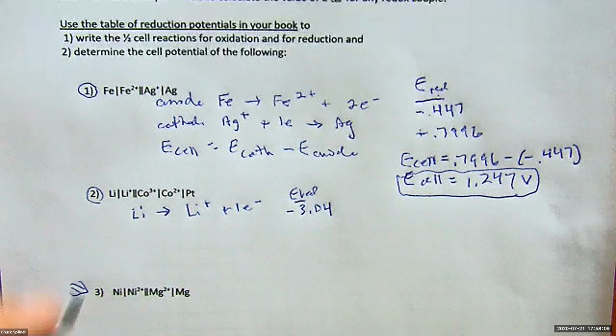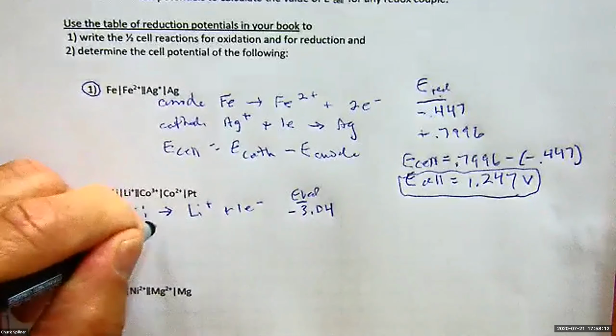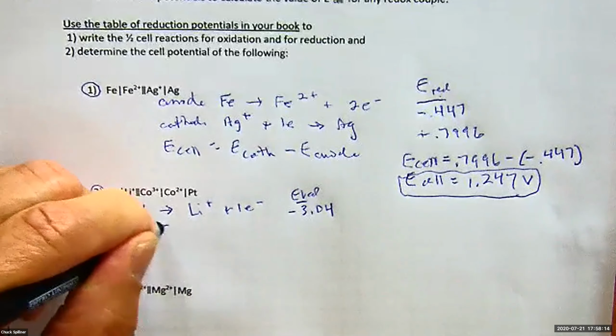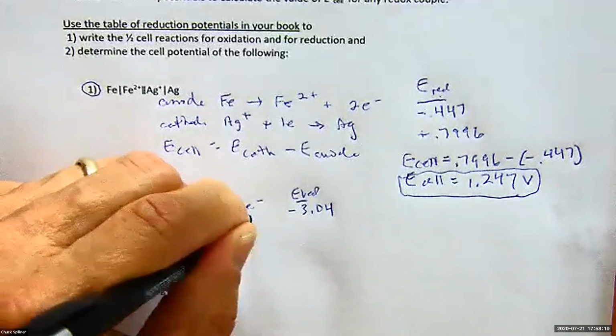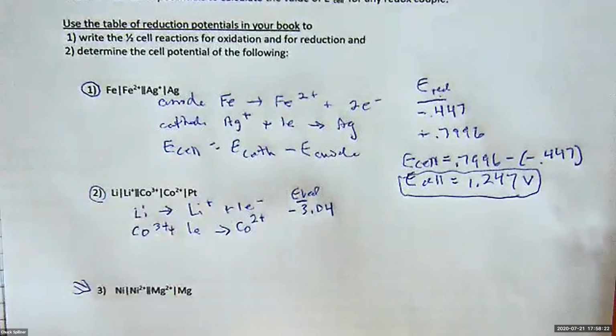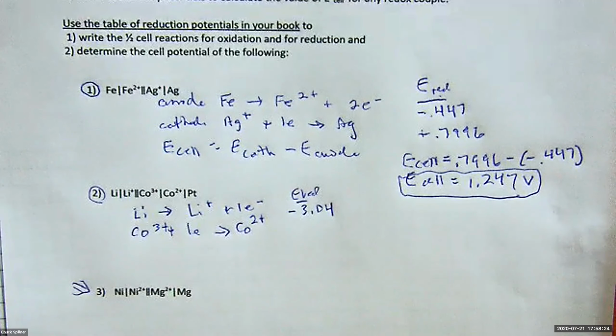So I need the reduction potential for cobalt 3 plus 1 electron going to cobalt 2, and I don't have that. It might be on the PowerPoint slide, because I think the slide is a more complete list of reduction potentials from lecture.